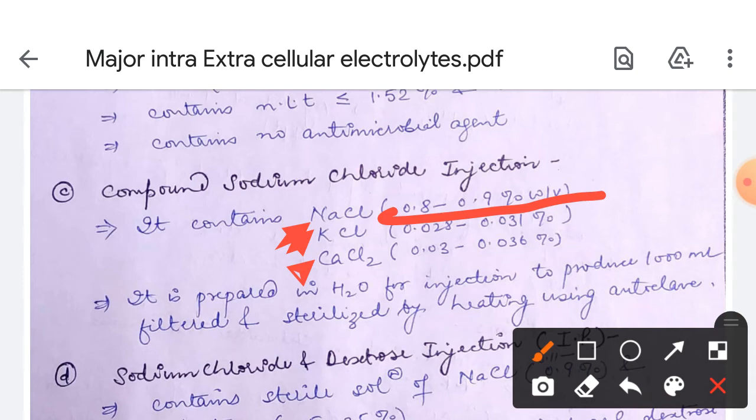Potassium chloride is 0.028 to 0.031% and the calcium chloride is 0.03 to 0.036%. Now it is prepared in water for injection to produce 1 liter, which is filtered and sterilized by heating using autoclave. This is a method by which sterilization of compound sodium chloride injection takes place.